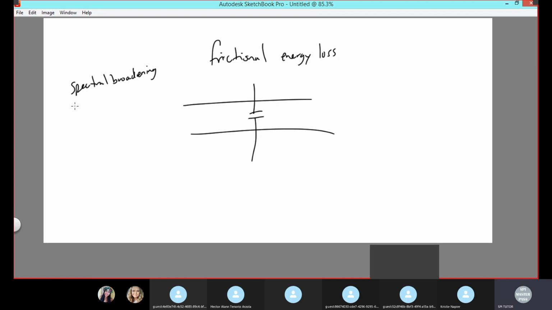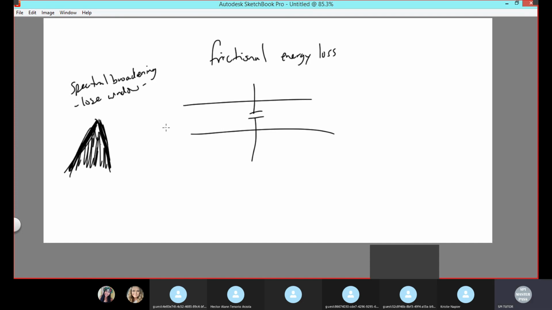So spectral broadening is when you lose your spectral window. Okay, and it looks like this. Instead of your wave being nice and neat with that spectral window in the center, it gets filled in like this, and that's considered turbulent flow.